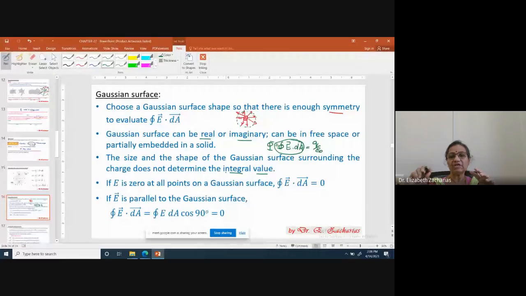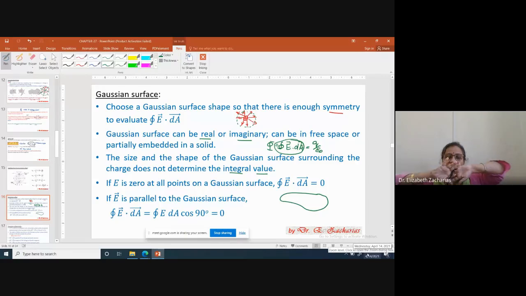So you have to remember that the integral value is not going to depend on the shape or size, but choose it in such a way that there is a symmetry. Next, if electric field is 0 at all points on a Gaussian surface, let's say I draw a Gaussian surface, I don't have any charge anywhere inside or outside. If there is no charge at all, will there be a field in that region?